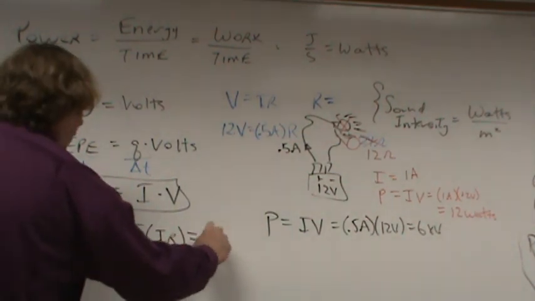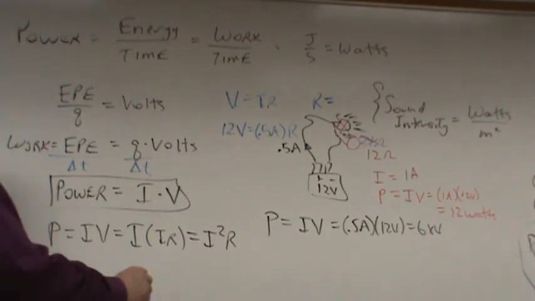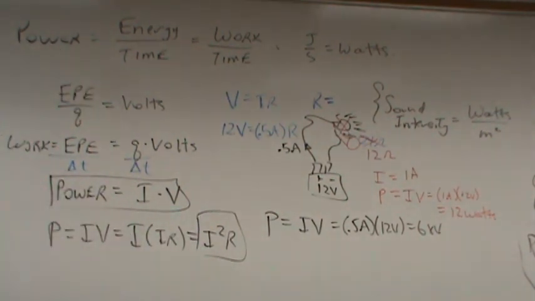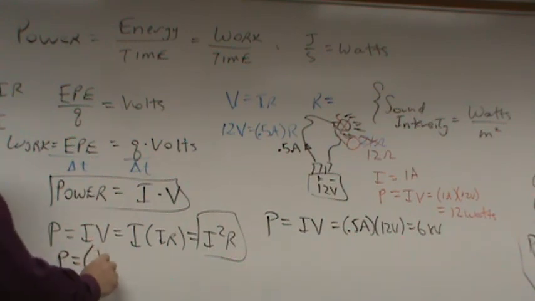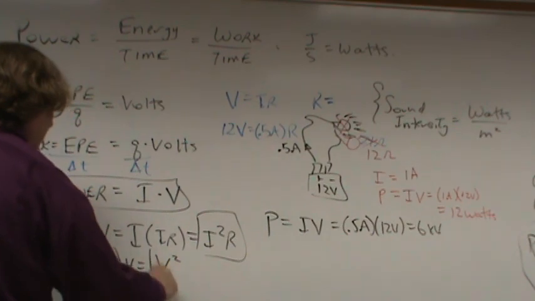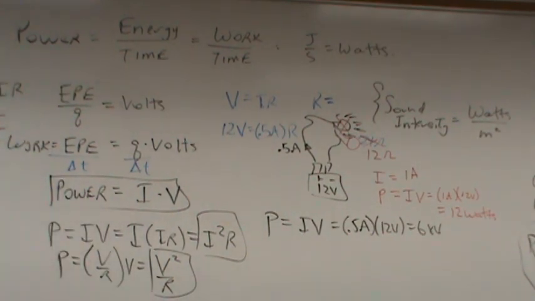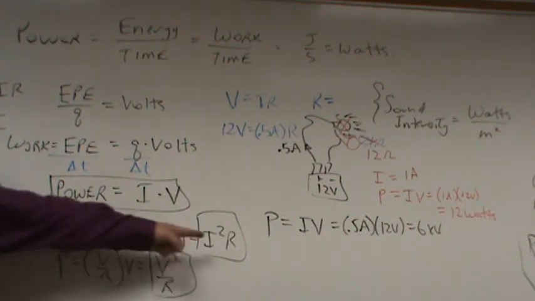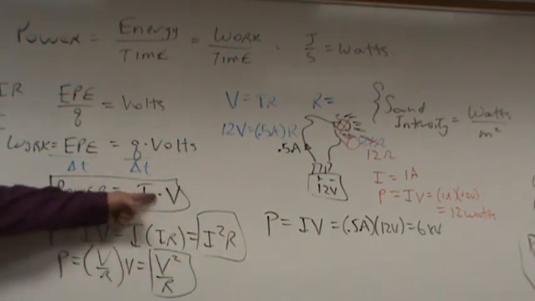So I get a new formula for power, I squared R. Or, because Ohm's law says V equals IR, which means V over R equals I, I can substitute V over R for I, and I get V squared over R. So which of those 3 you use just depends on what they give you. If they give you voltage and resistance, use that one. If they give you current and resistance, use that one. But if they give you current and voltage, use that one.